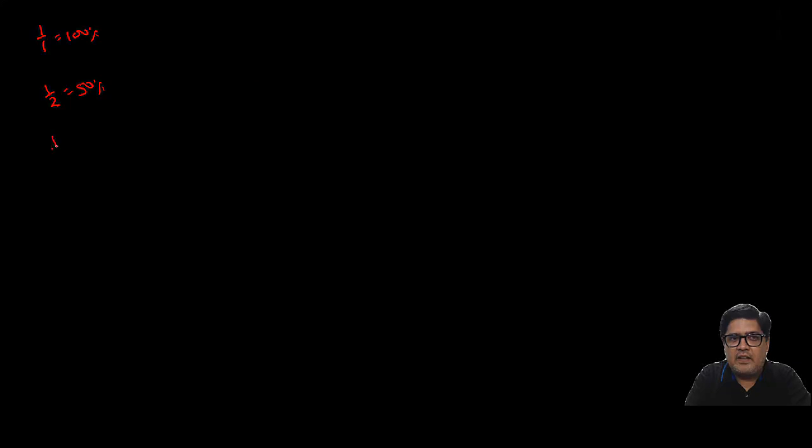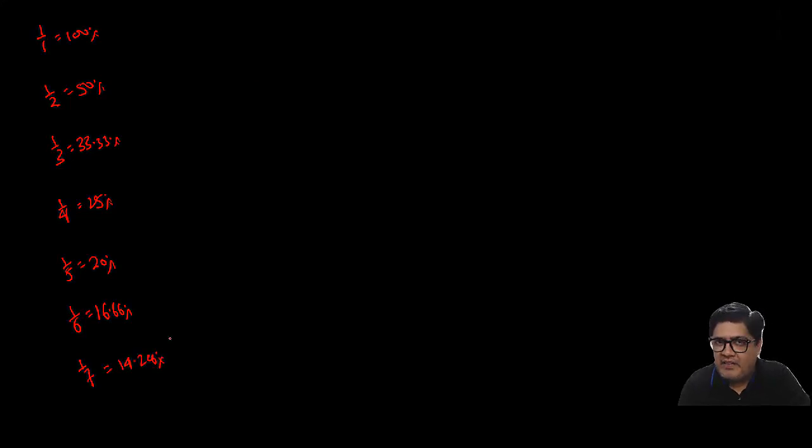If I say 1 by 1, it is 100%. 1 by 2 is 50%. 1 by 3 is 33.33%. 1 by 4 is 25%. 1 by 5 is 20%. 1 by 6 is 16.66%. 1 by 7 is 14.28%. We have covered this. We are revising it here.